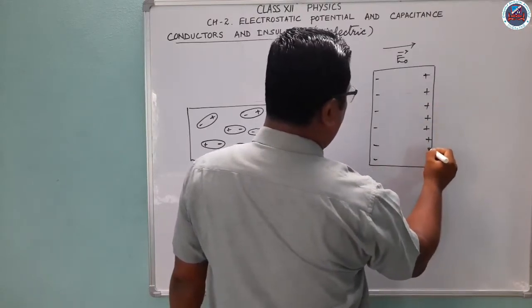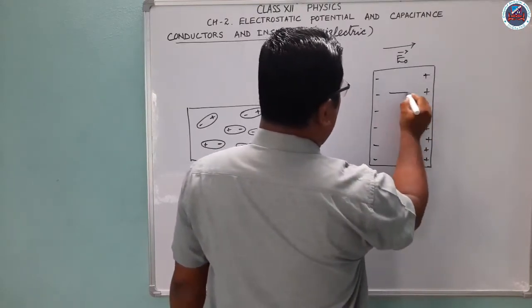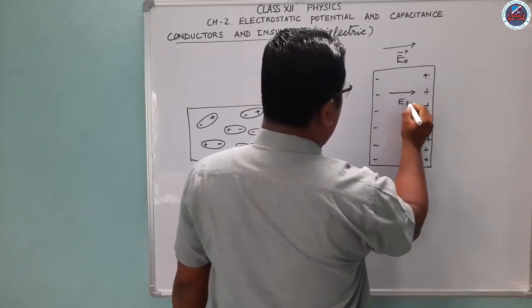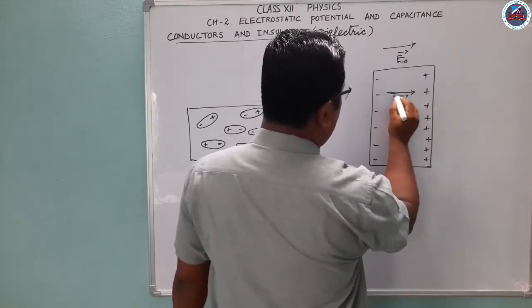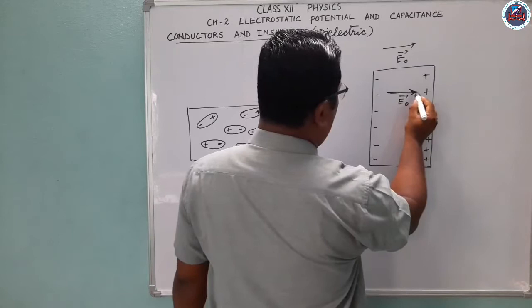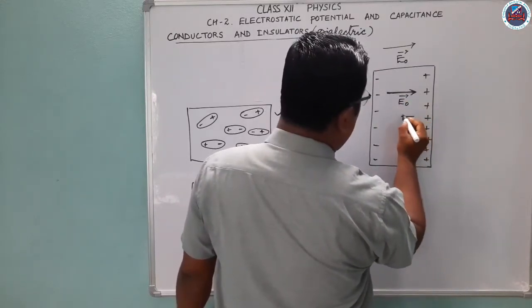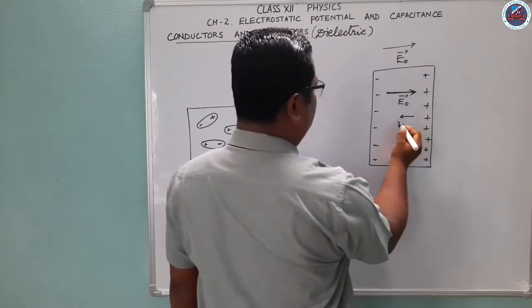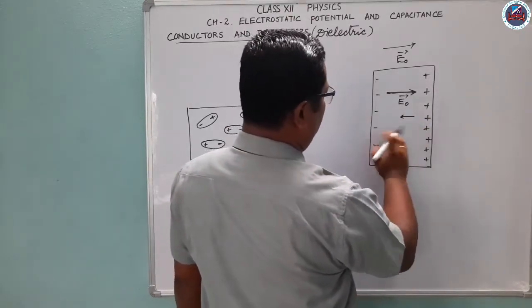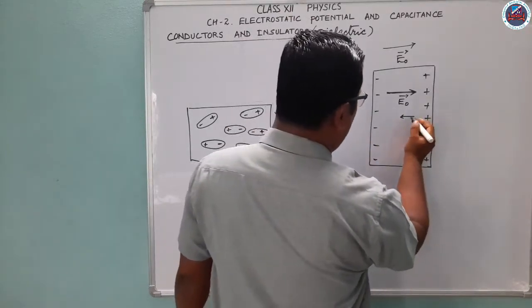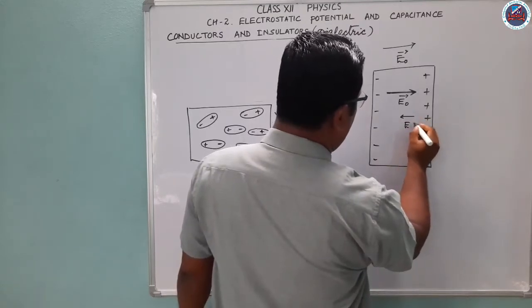But unlike conductors, here if this is the applied electric field, the inside electric field magnitude will be less. They will produce dipoles, and the polarization field we will write as EP.